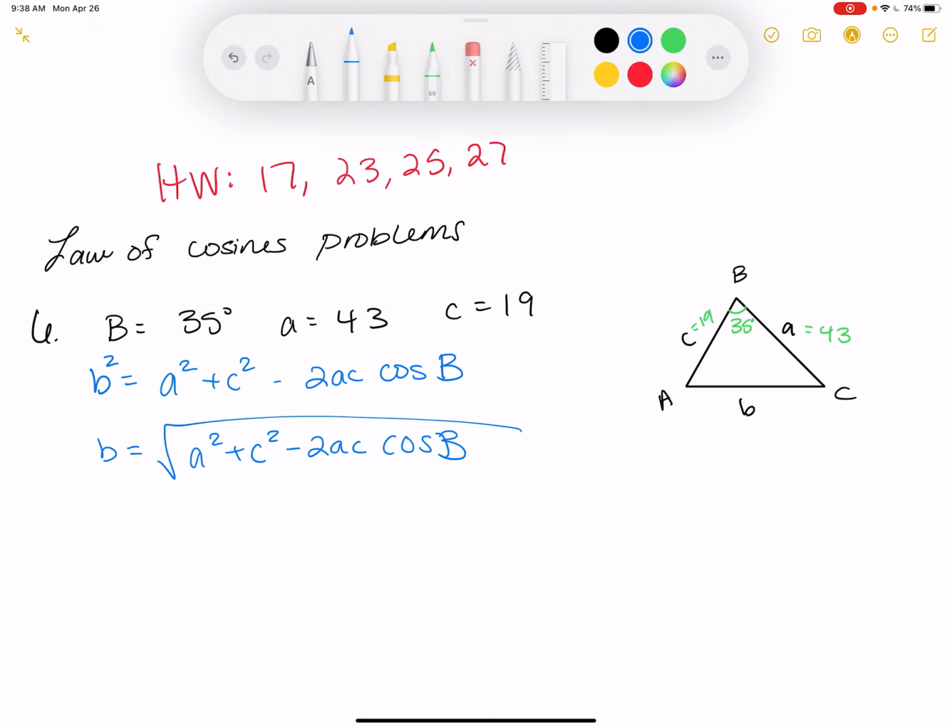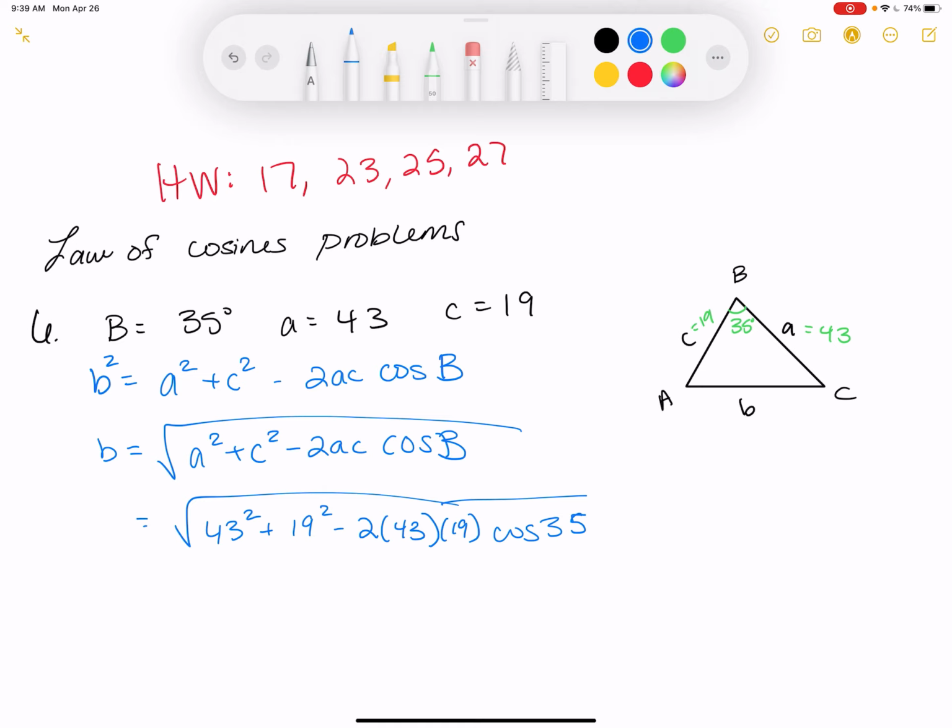All right, so I can go ahead and plug stuff in here. So the square root of 43 squared plus 19 squared minus 2 times 43 times 19 times the cosine of 35.